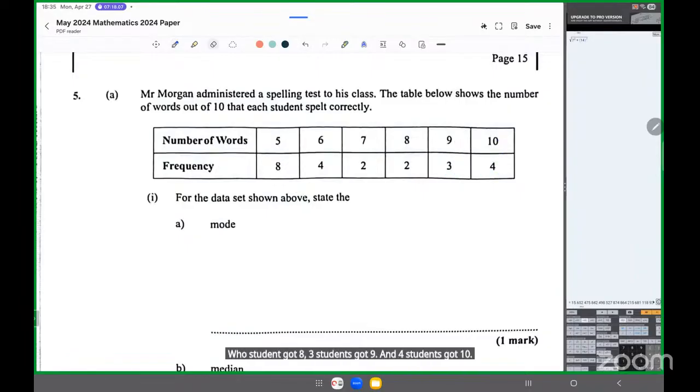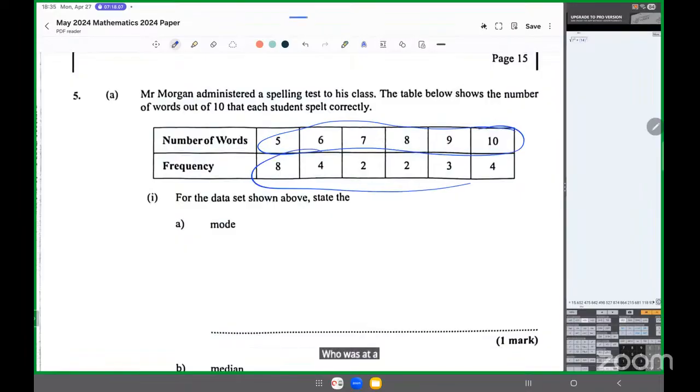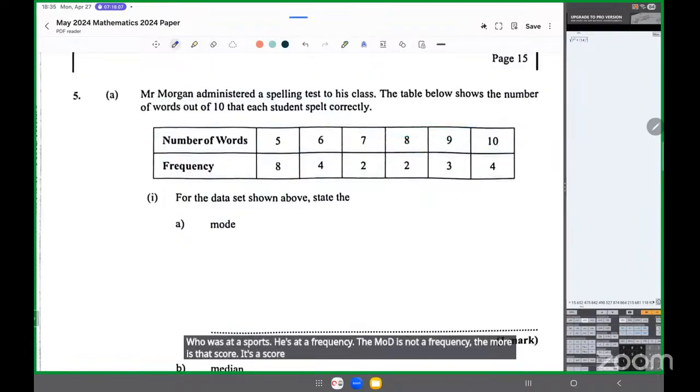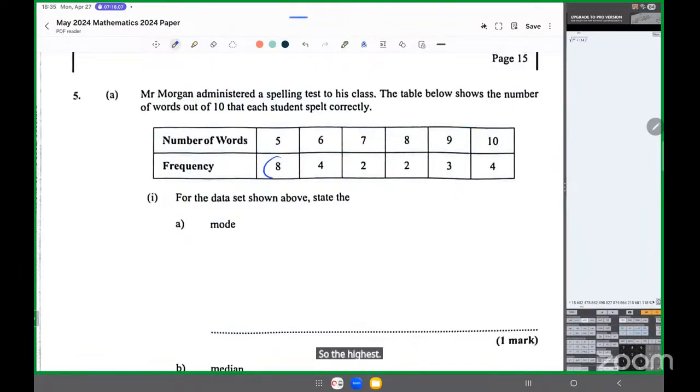All right? It says, what is the mode? The mode is the score. These are the scores. These are the frequencies. The mode is not a frequency. The mode is a score. It's the score with the highest frequency. So the highest frequency is 8. So the mode is 5. You see that? So the mode is equal to 5. And it's 5 spelling words, 5 correct words.